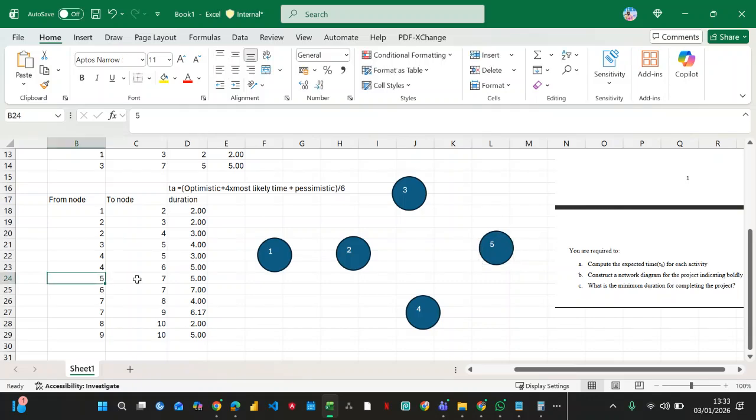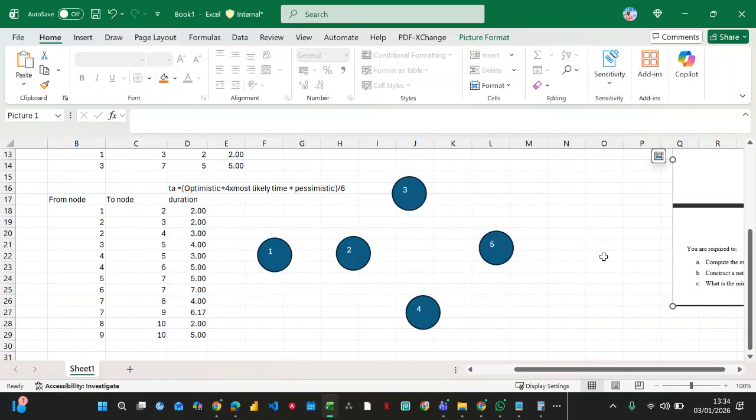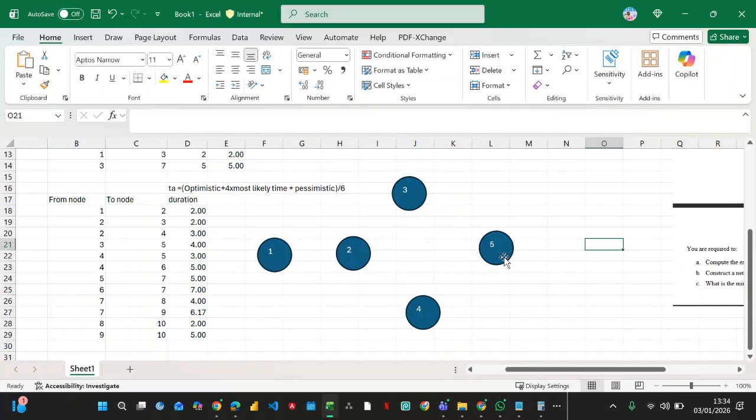Right? So from 5, where are you going to? You're going to 7. Then right? From 5, I'm going to 7, and then from 6, I'm also going to what? 7. So if I have my 7, from 5, I'm going to 7, right?